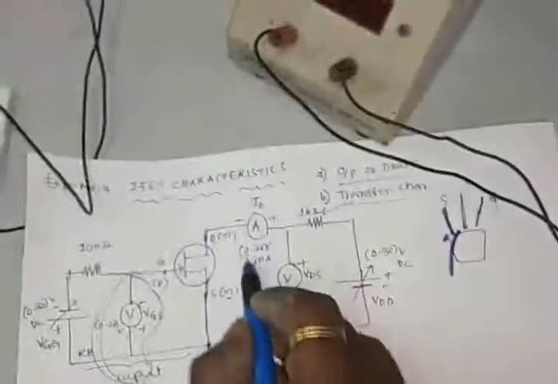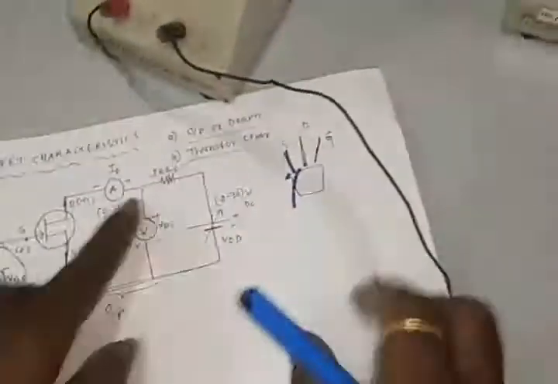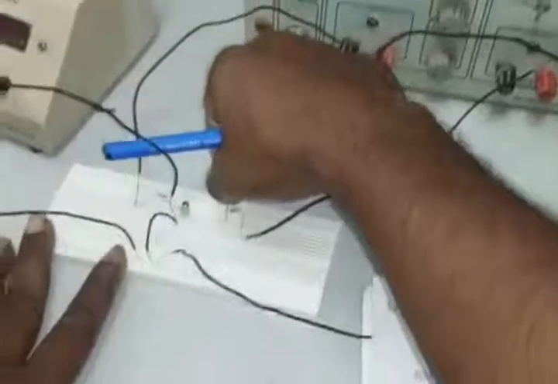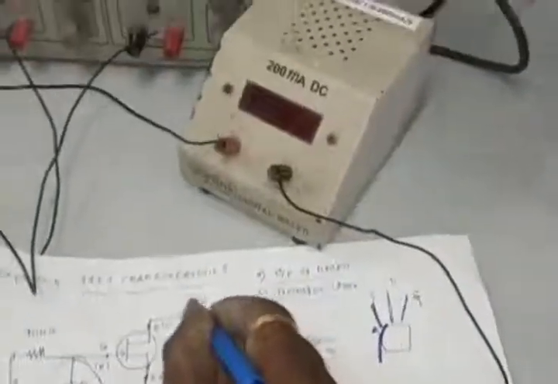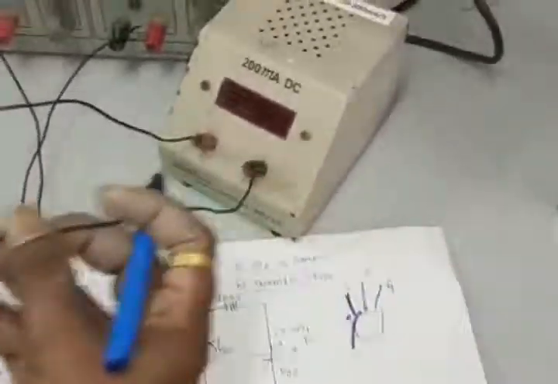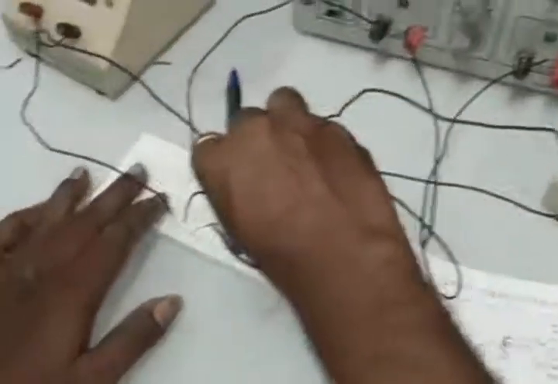The range of the ammeter is 0 to 200 milliamps. The positive is connected first, then the second end of the resistor is connected to the positive, whereas the negative of the ammeter is connected to the drain. Sorry, drain.